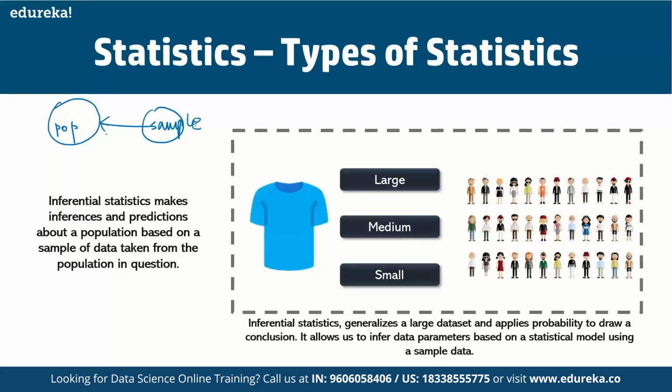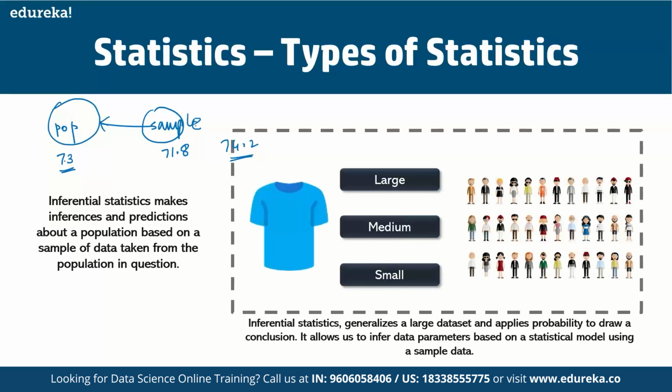Let's say the average age of people living in India is 73 years. Can my sample get me an age which is close to 73? Maybe my sample will not give me 73. It says, let's say, 71.8, or it can even say 74.2.